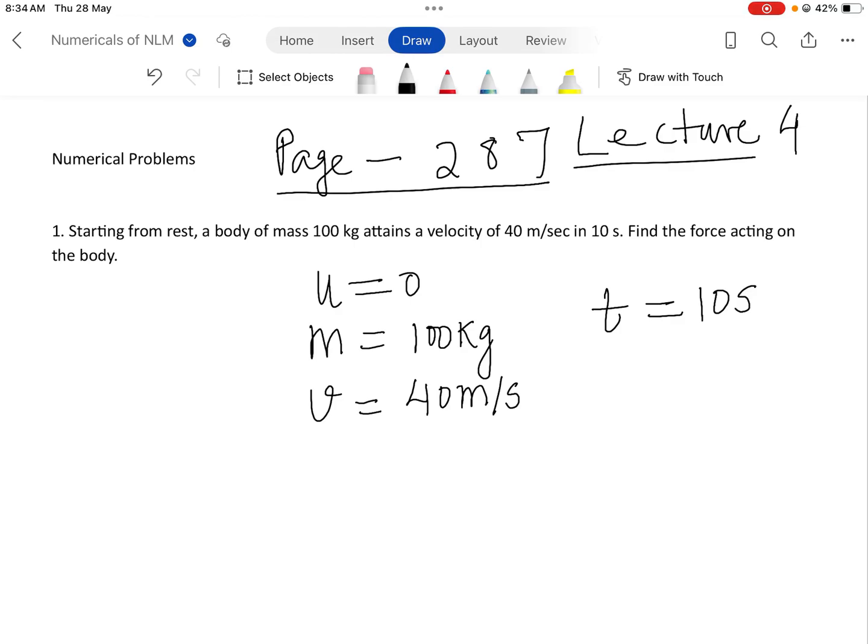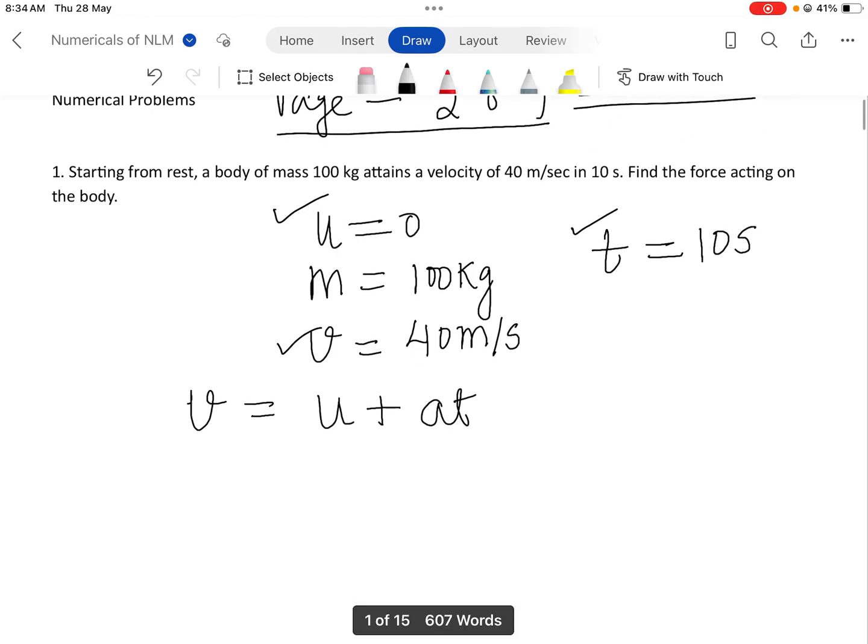So what is the one way of doing this question? V is given, U is given, T is given. You can find acceleration A by using V equals U plus AT. It's clear. I am just writing the hint. When you calculate it, what will be the value of A?